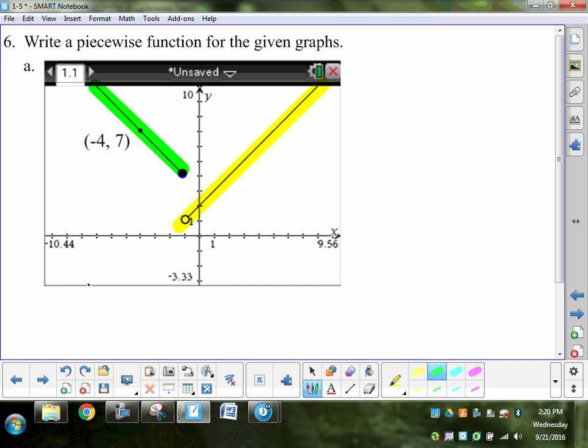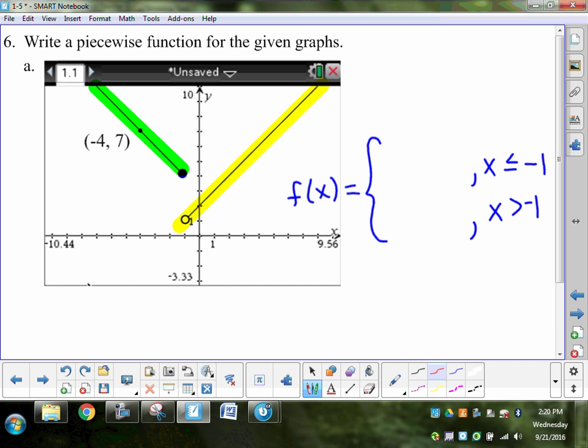So when we're doing these questions out, I'm going to say, all right, f of x is equal to, you got a big bracket here, something to the left and something to the right. I use this green piece when the x is going to be less than or equal to -1, and then I use the other piece when x is greater than -1. You need to now tell me what the equation of either of those 2 lines are.